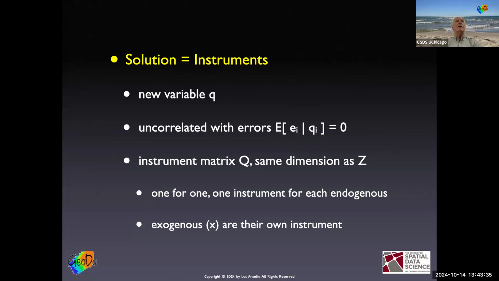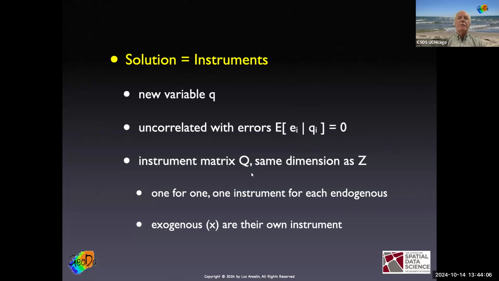So 1 for 1 means you have an endogenous variable. You have one of these z's. You replace it by an instrument. One instrument for each endogenous variable. And then with that instrument, you do instrumental variables estimation, which has certain properties that give you a consistent estimate. And so you're in business.